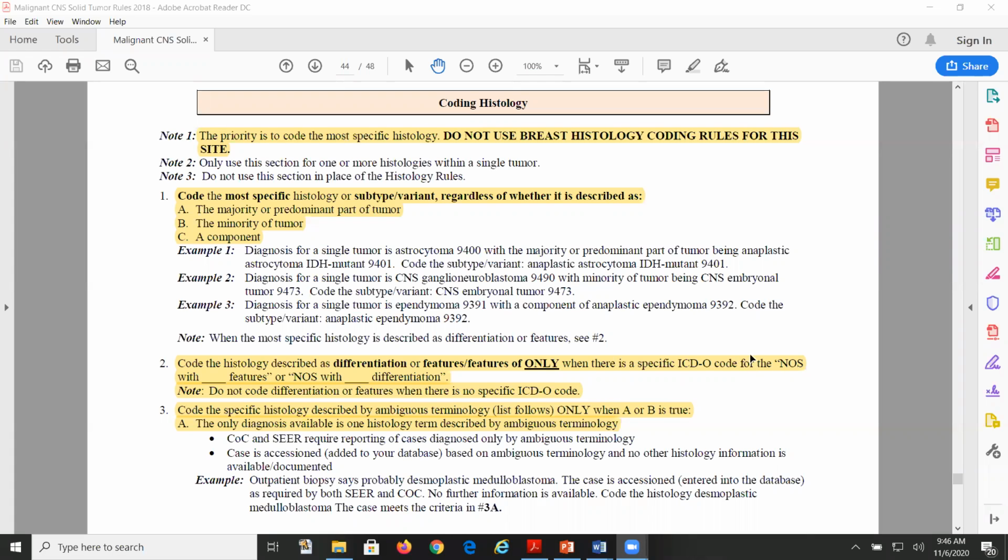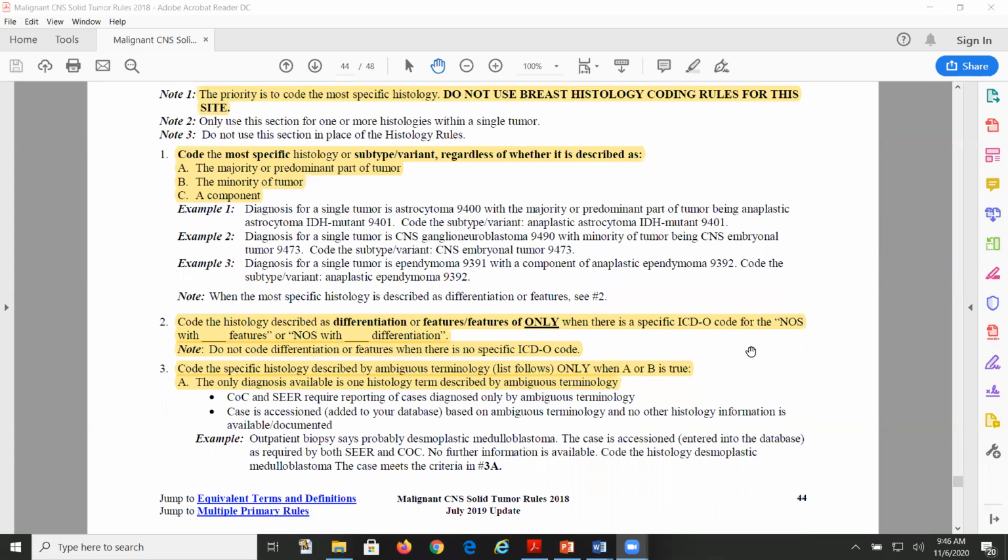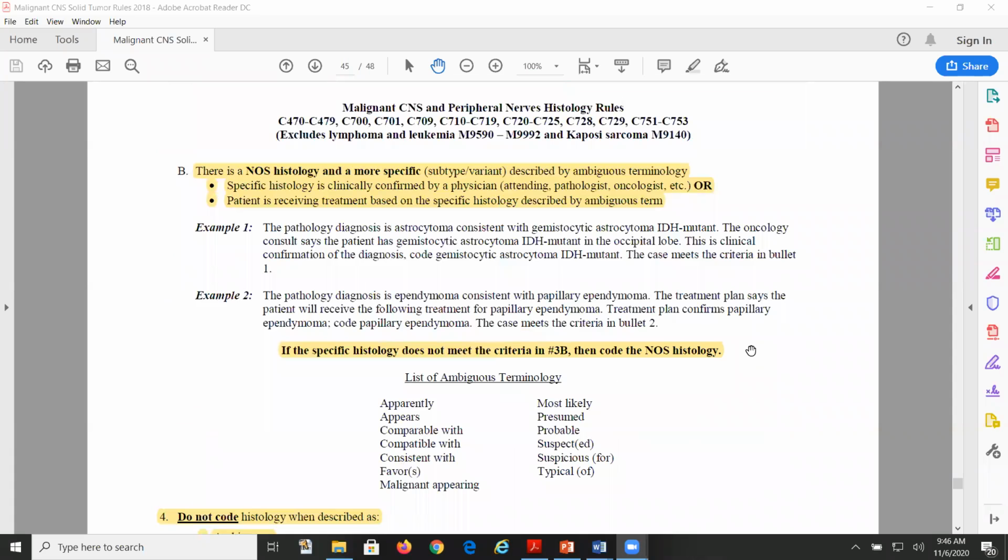You would only use the histology described by the ambiguous term here if the physician confirmed the histology described by the ambiguous term, or the patient is receiving treatment based on the specific histology described by the ambiguous term.